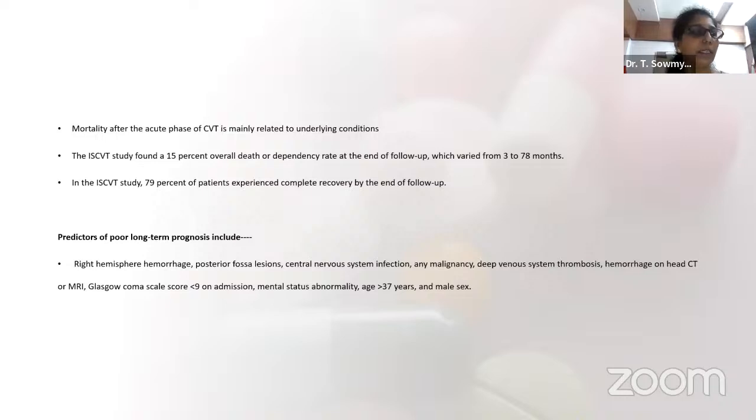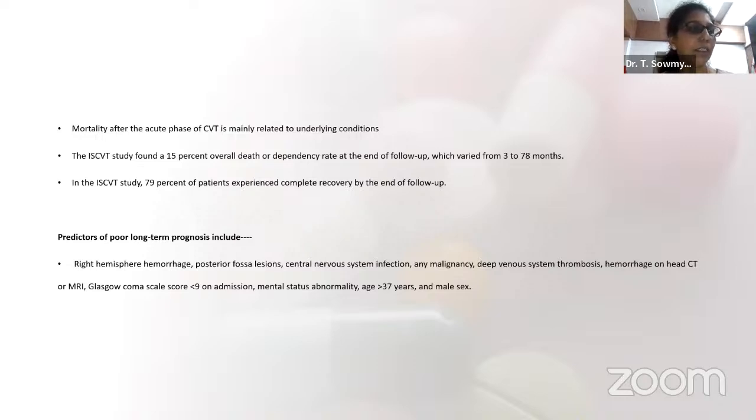And there is a study called the International Study on Cerebral Vein and Dural Sinus Thrombosis, where the overall death or dependency rate was 15% at the end of the follow-up, which varied from 3 to 78 months. And 79% of patients experienced complete recovery at the end of the follow-up in this study.